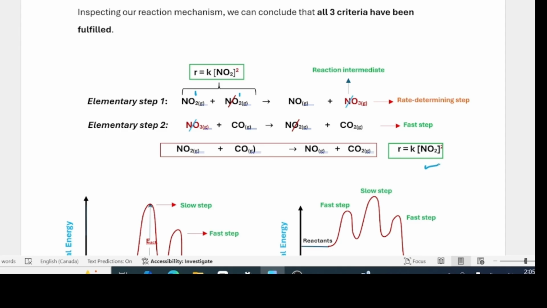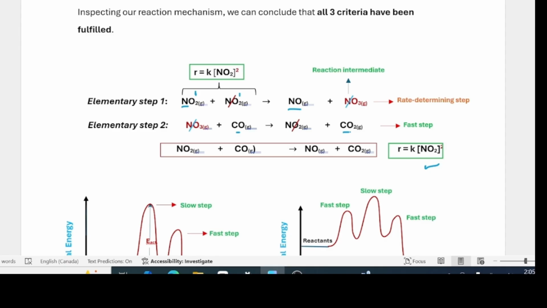Number 3, the sum of the elementary steps must produce the net equation. This one goes away, that one goes away. NO2 is same here, NO2 is same here. And when you add this guy plus this guy, that's all left there. You get this one here and that one here.